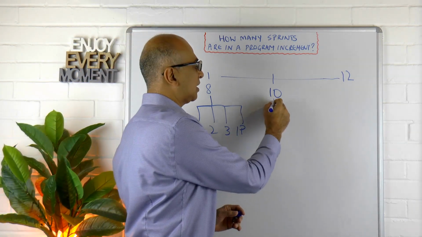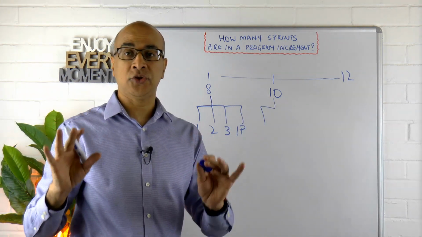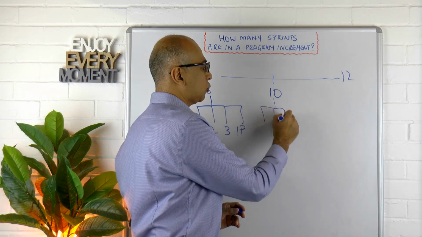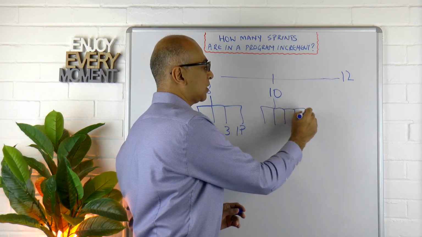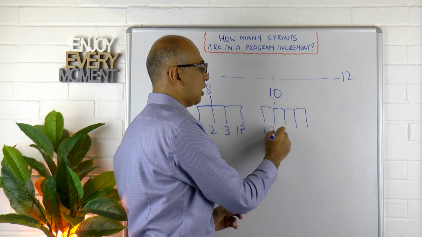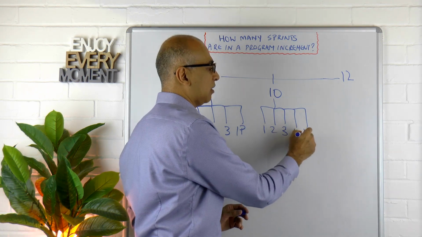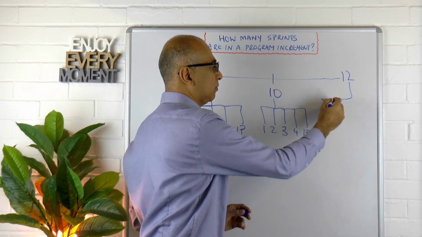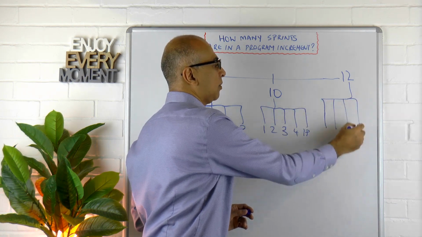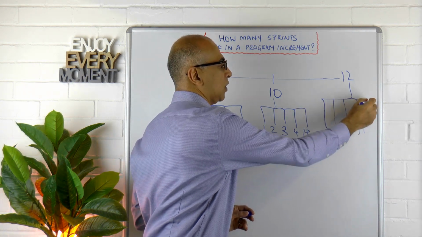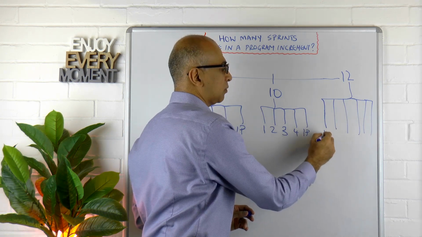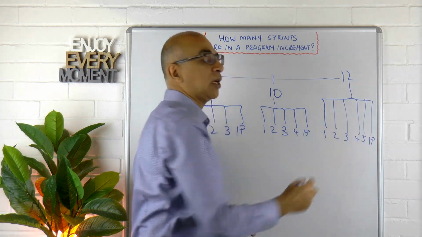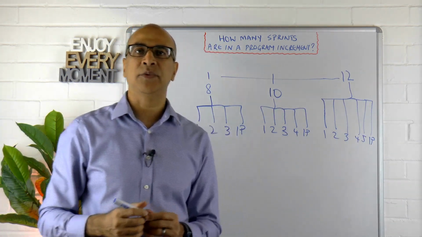If we go for our 10 weeks, which is sometimes referred to as the default, we have 1, 2, 3, 4 sprints, and the 5th one is going to be again our innovation and planning sprint. And when we go for our 12-week program increment, yep, you guessed it, we have sprint 1, 2, 3, 4, 5, and the 5th one is our innovation and planning sprint.